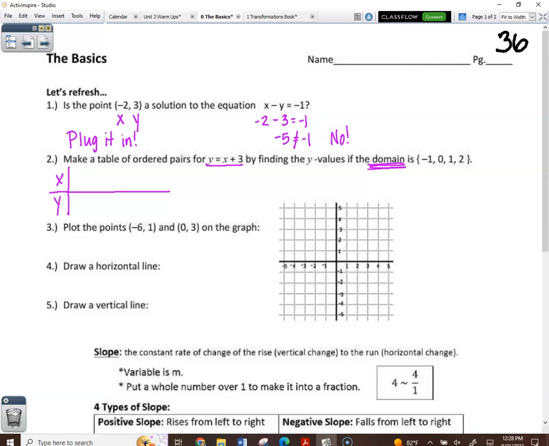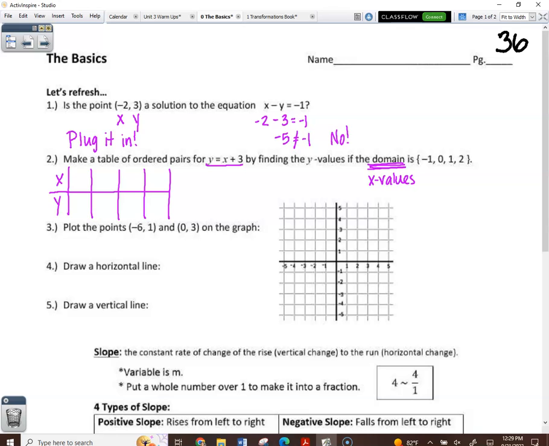Domain means look at the x values. They're saying what x values are allowed to be plugged in. It is giving us the x values that it wants us to use. So we're going to copy them to our T-chart. If you look at it, we have 4 x values that we're going to plug in.